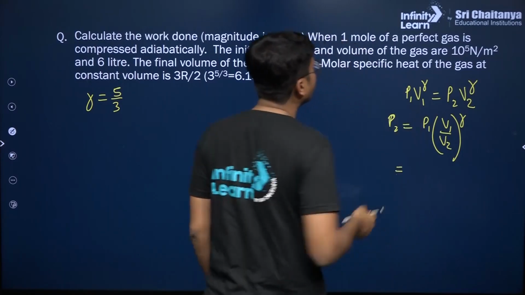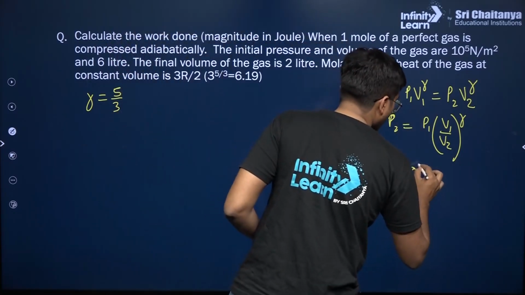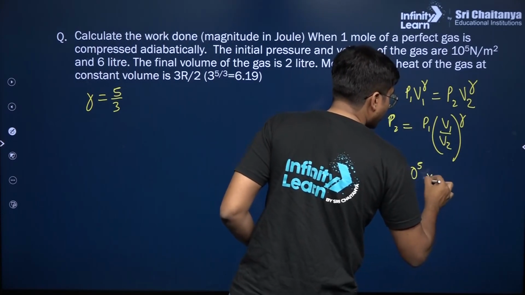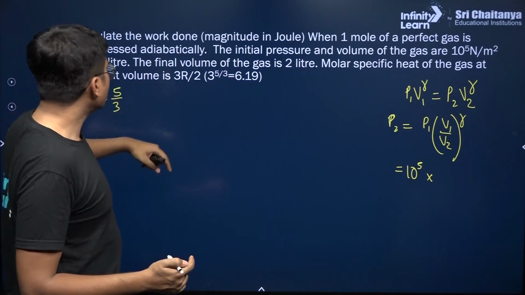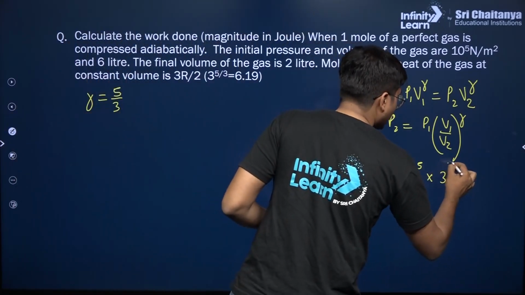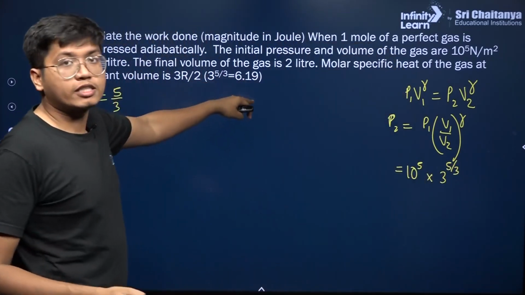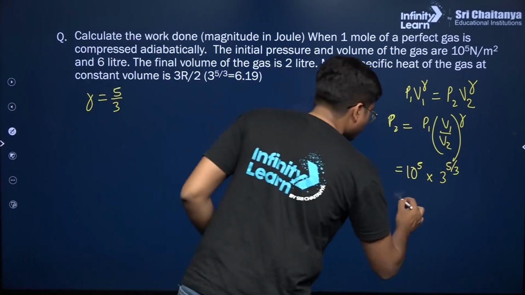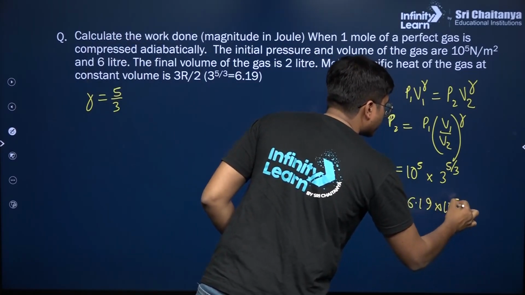P1 is given as 10 to the power 5 Newton per meter square, and V1 by V2 would just be 6 by 2, that is 3 to the power gamma, 3 to the power 5 by 3. So it's given as 6.19 into 10 to the power 5.